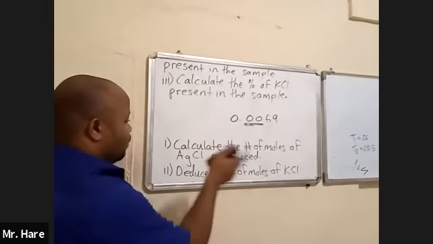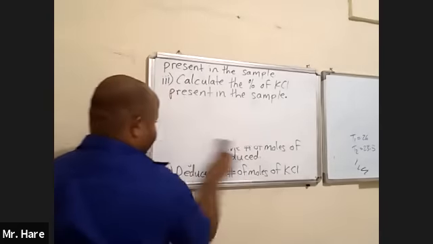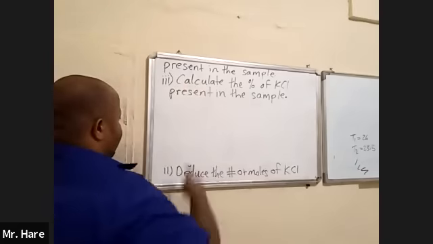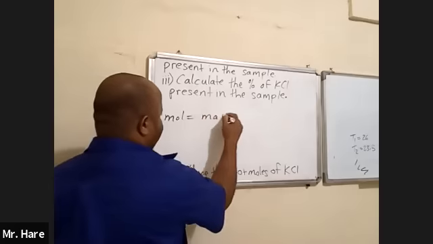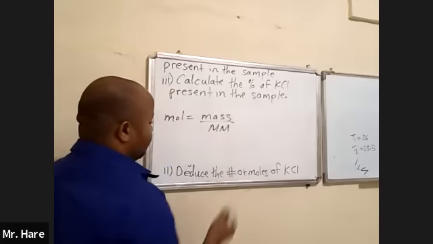So the first step is to calculate the moles of the silver chloride. And we know that mole is equal to mass divided by molar mass.